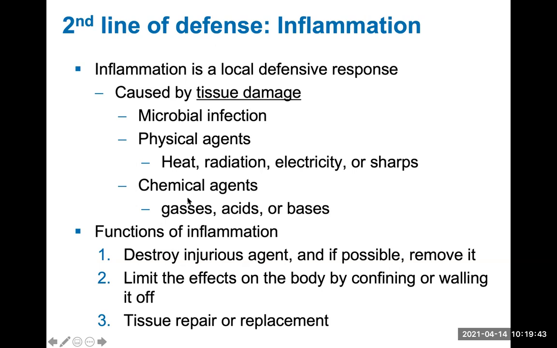So the initial tissue damage is from these different ways to damage tissue, but steps 1 and 2 can cause some tissue damage as well. And so tissue repair starts immediately and will continue on until our inflammation is completely finished and all of the tissue is completely repaired and replaced.